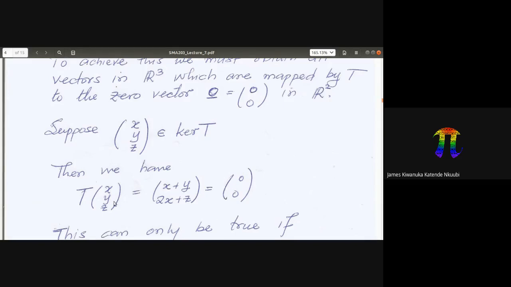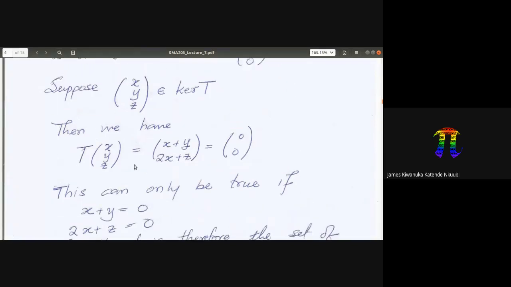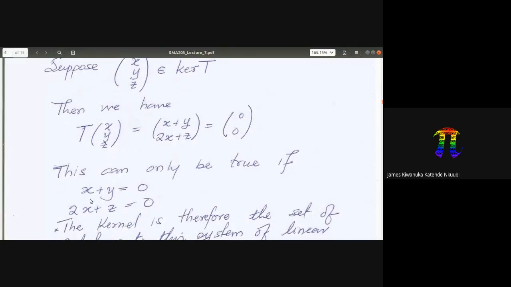So what you're left with is to find all vectors x, y, and z such that these two will be equal to 0. x plus y will be equal to 0, and 2x plus z will be equal to 0. So now this gives you a system of linear equations in 3 variables, x, y, and z.